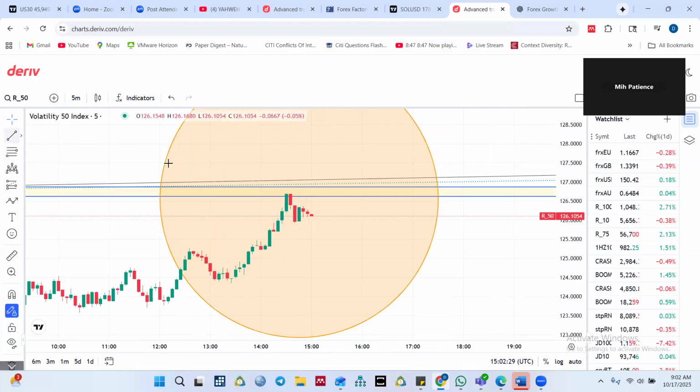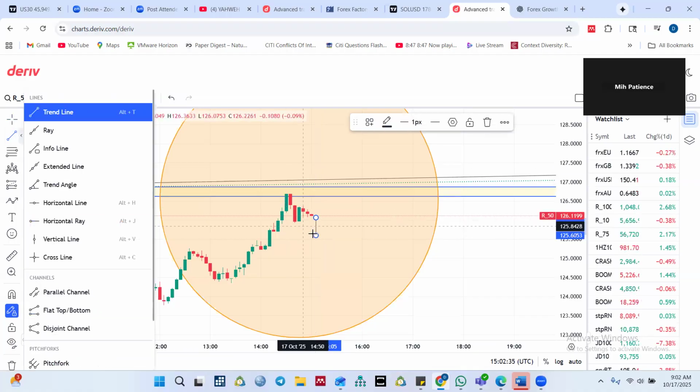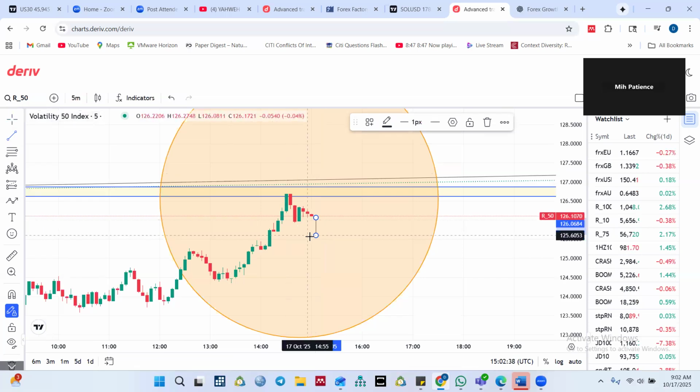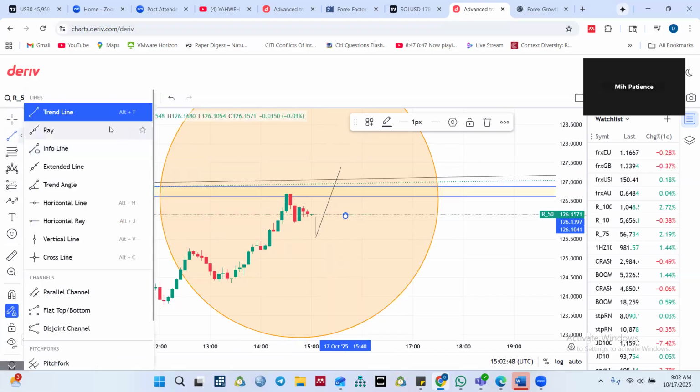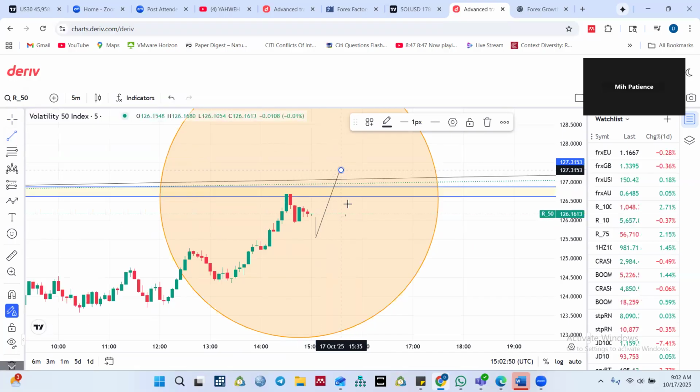We have not broken, unless we break this low into somewhere here, and then we probably pull back like this, and we still come down.